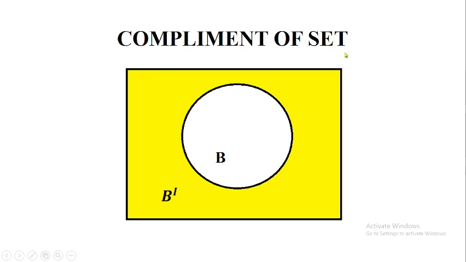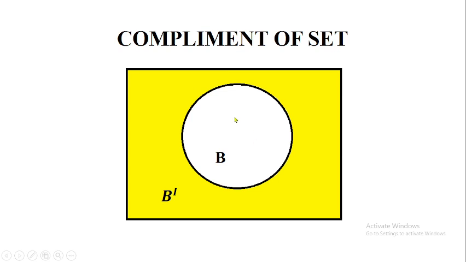Now you can see that this rectangular box is the universal set, as you know. Then we have a set B, which is represented by this circle, as you know by now. Then the complement of set B, which are the elements inside the universal set that are not inside the set B, is what is colored yellow.